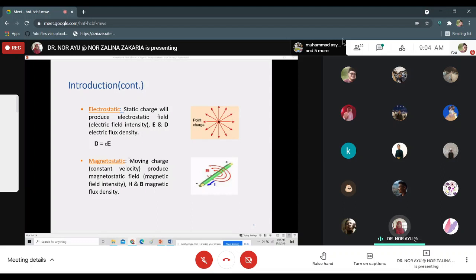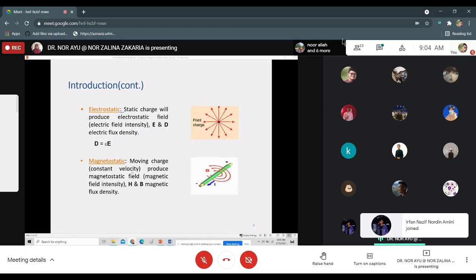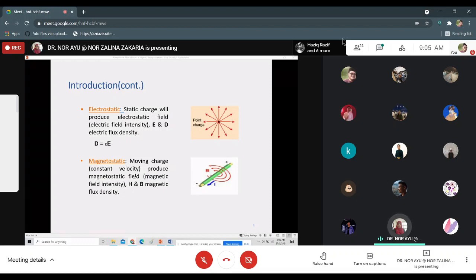Here the charge is moving at a constant velocity, and when it moves with constant velocity, it will produce what we call a magnetostatic field. We normally use H for the magnetostatic field intensity, and B for magnetic flux density.